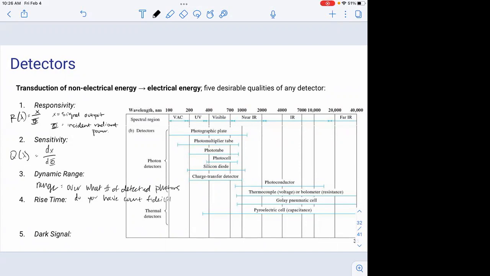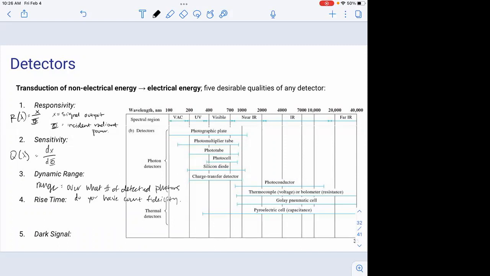If you are using a detector that counts photons as they arrive at the detector surface, over what range of photon arrival rates does your detector actually have accurate counts? So if things are coming really, really fast, does it start missing photons that are coming at it just because it can't respond that quickly? Which is a nice dovetail into rise time.